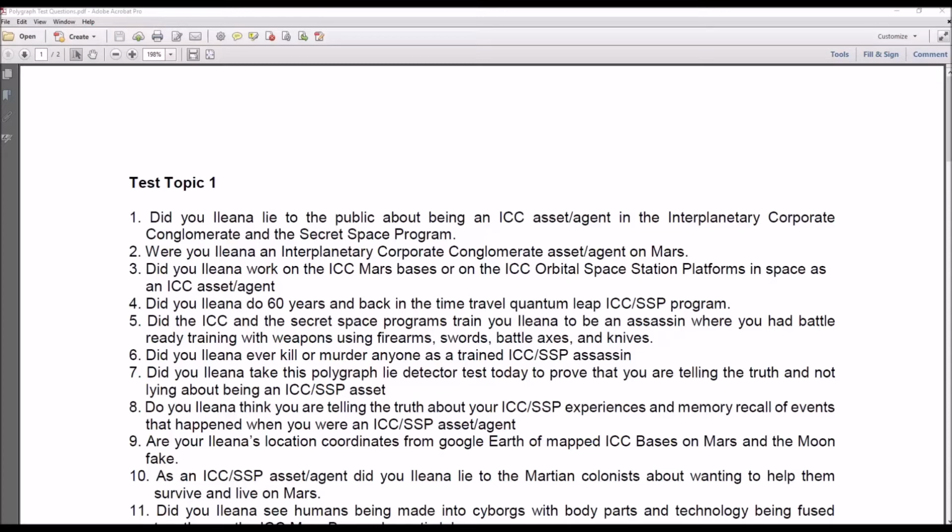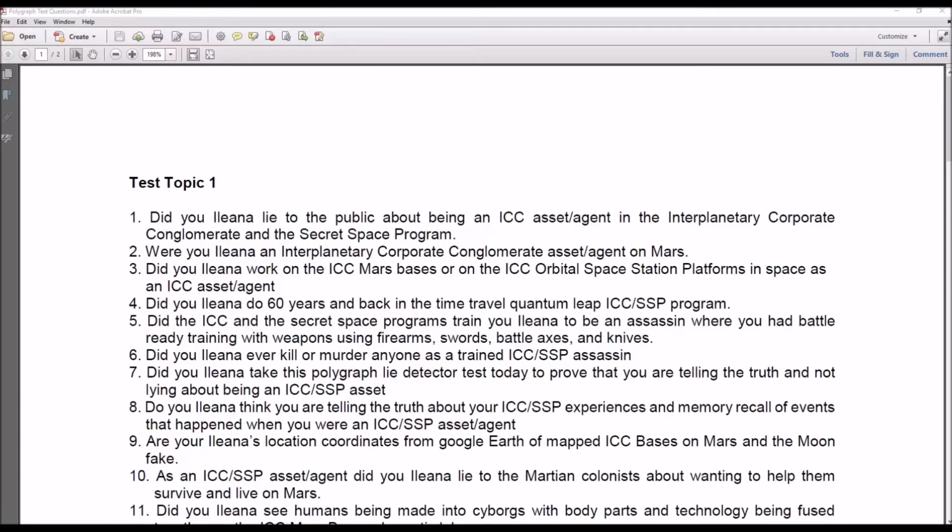If, for example, topic number 2 is about military abductions and underground secret bases, all the questions have to be about that particular subject. So all the questions in each topic have to relate to that particular subject for which the questions are being asked. And it's usually yes or no questions. It's usually 20 questions in total.